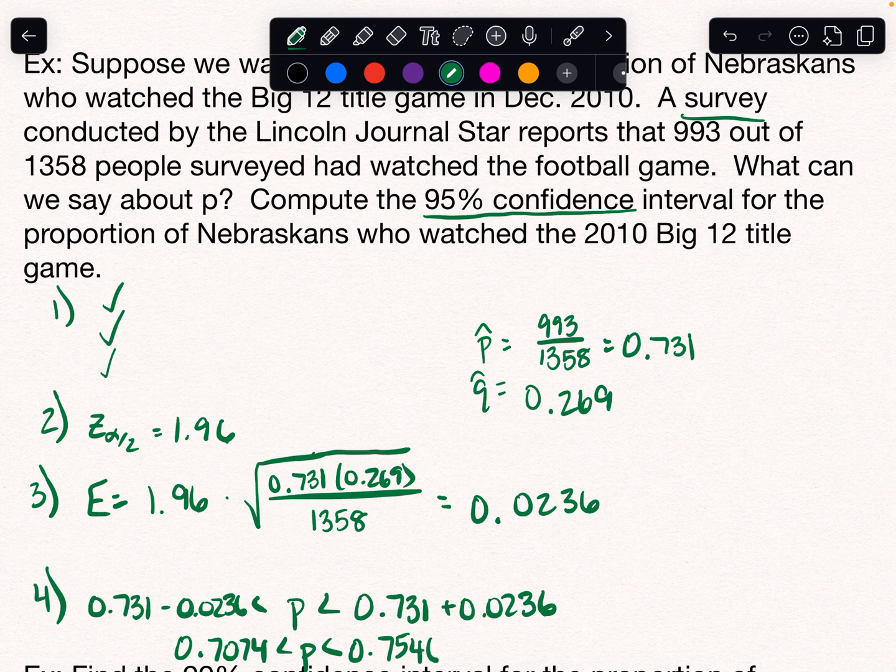Okay, and I just failed, so I didn't round to 3 digits. Great. So this is what we actually should be writing down instead.